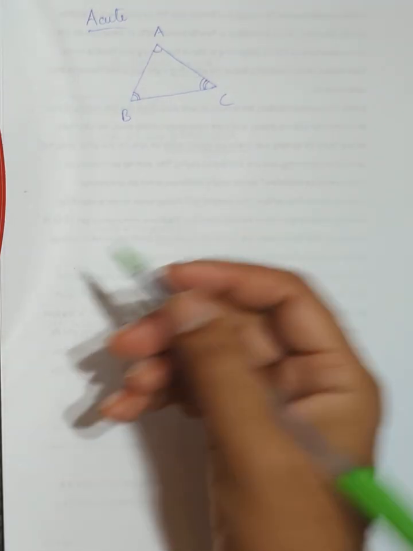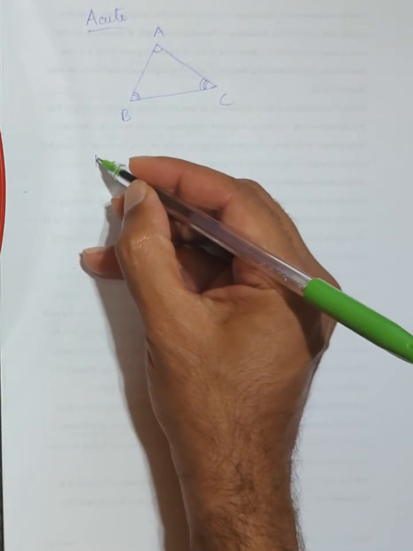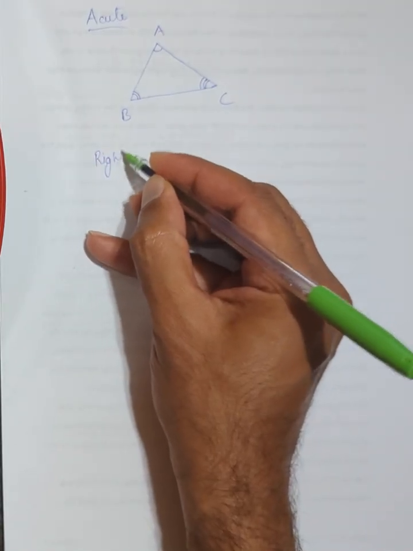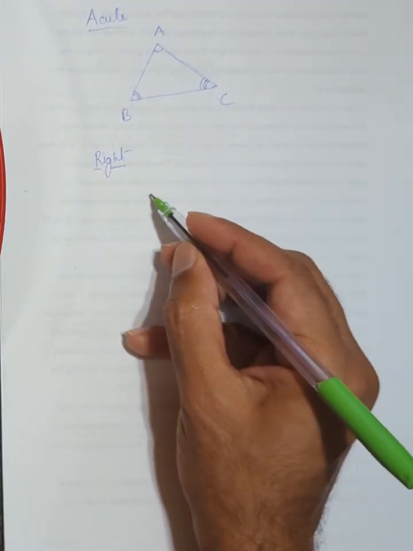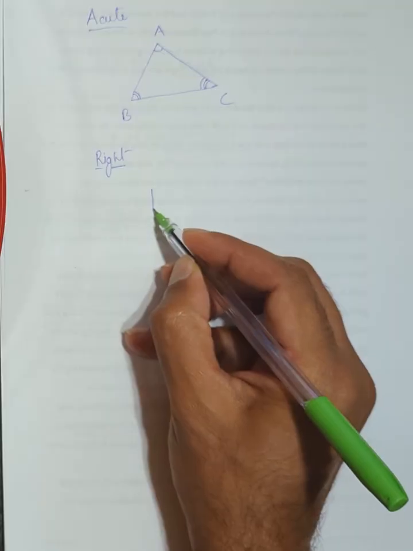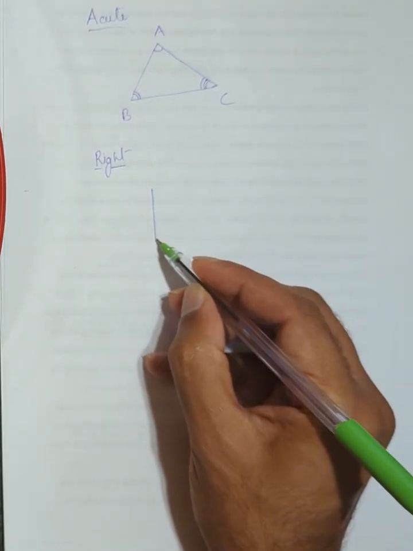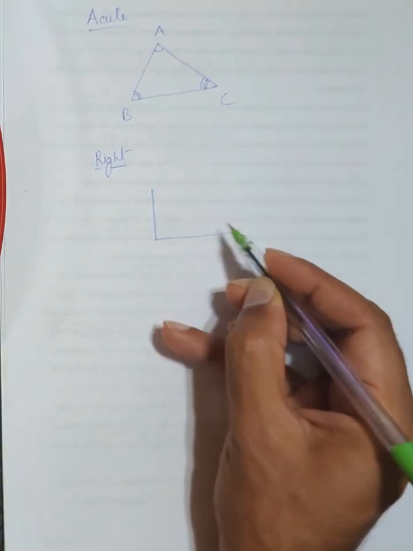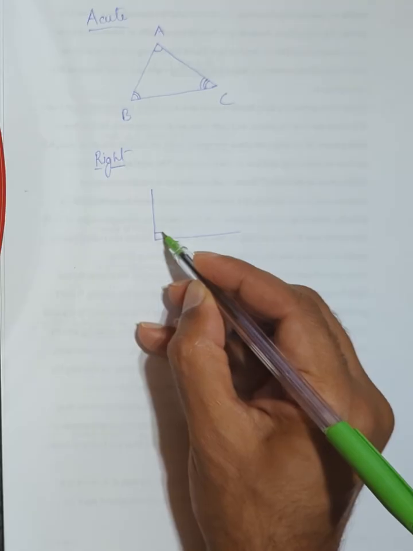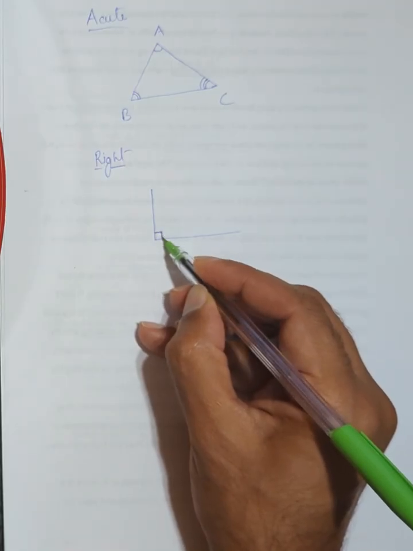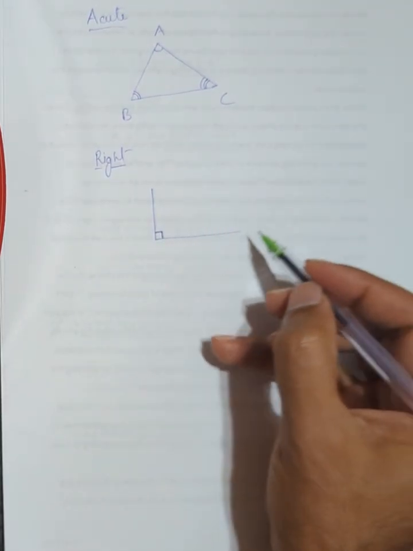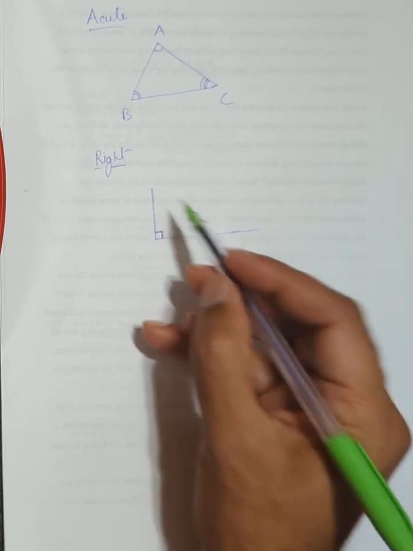Now a triangle could have a right angle. So that's called a right triangle. So what is a right triangle? You can have a right angle. So notice we use this special symbol to denote a right angle.